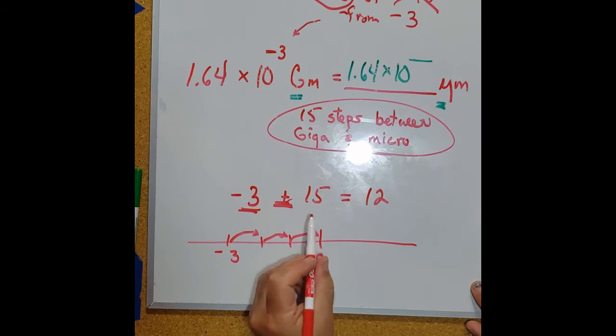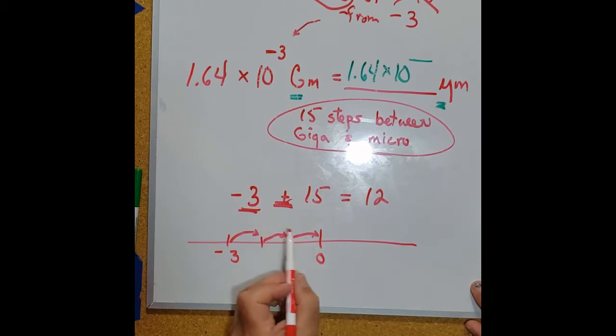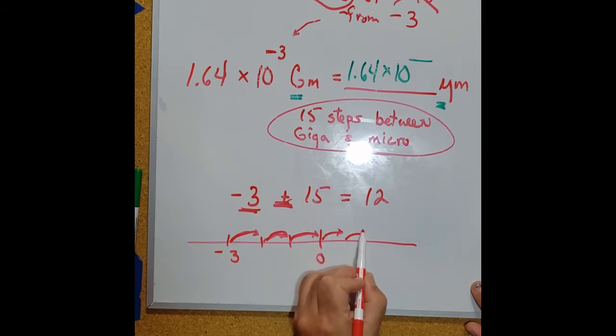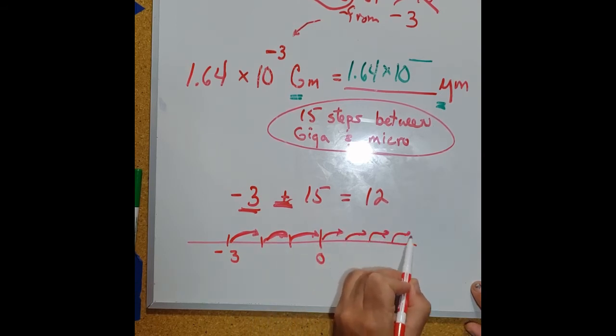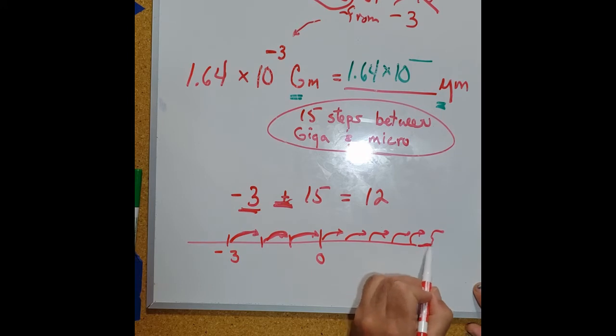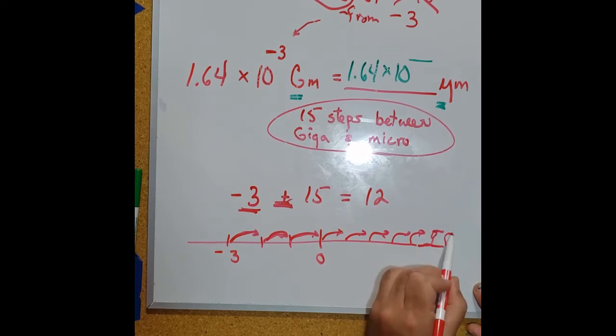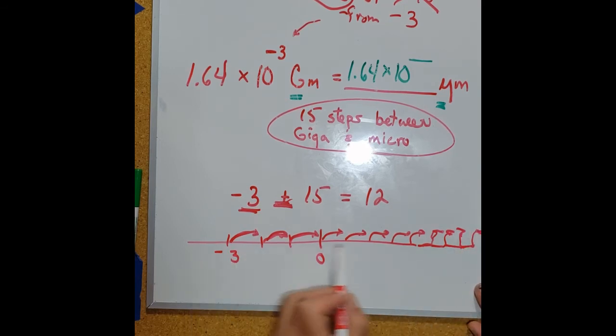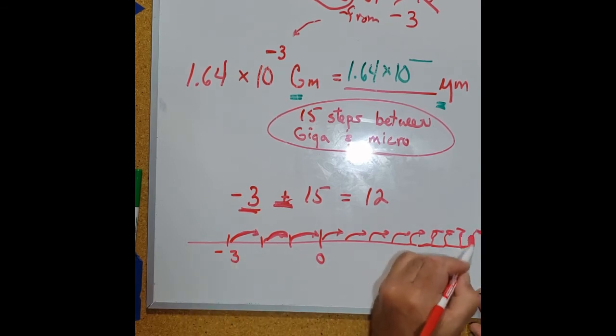Now, how many more jumps do I have left over to go a total of 15 jumps? 1, 2, 3, 4, 5, 6, 7, 8, 9, 10. I'm running out of room. 11, 12. All right. That's 15 jumps. Takes me up to a value of 12.